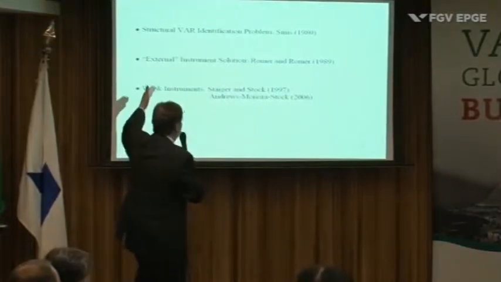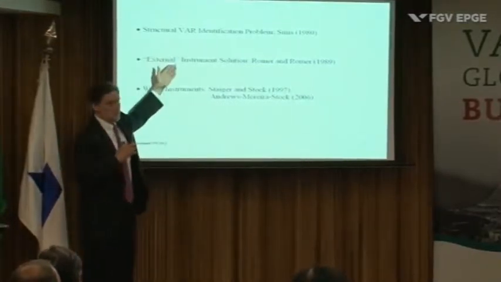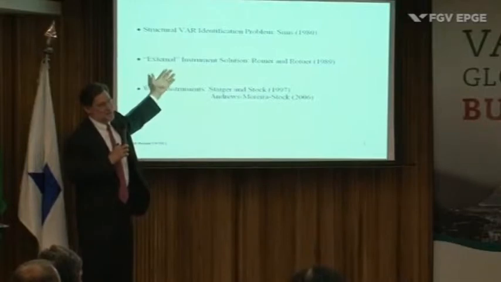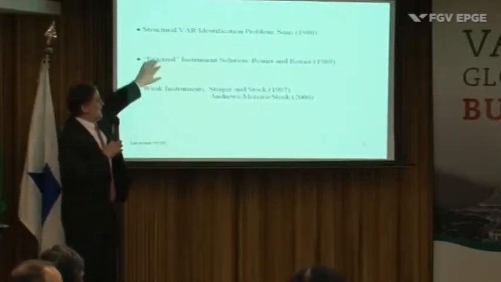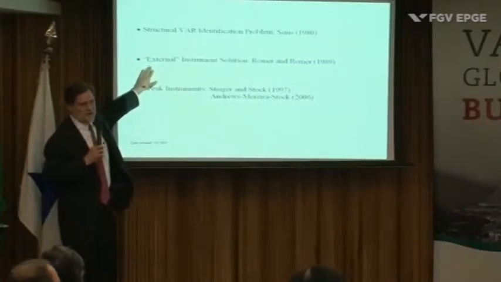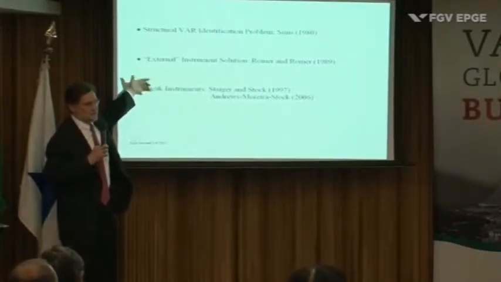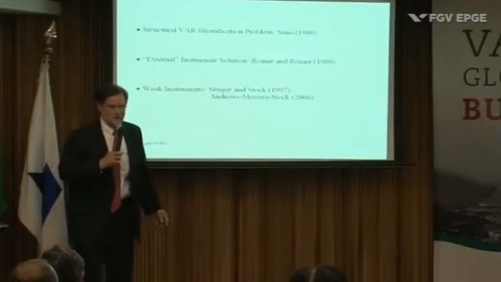So we've got the structural vector autoregression, Sims. We then have something outside the vector autoregression, which tells us something about some shocks. I'm going to call these exogenous. I'm going to call these external instruments, and so that's what external means in the context of this talk.